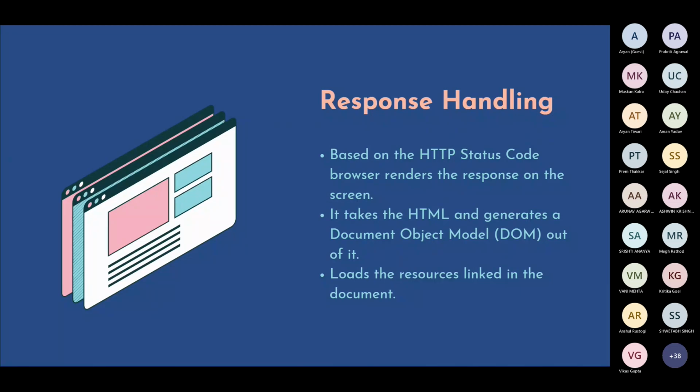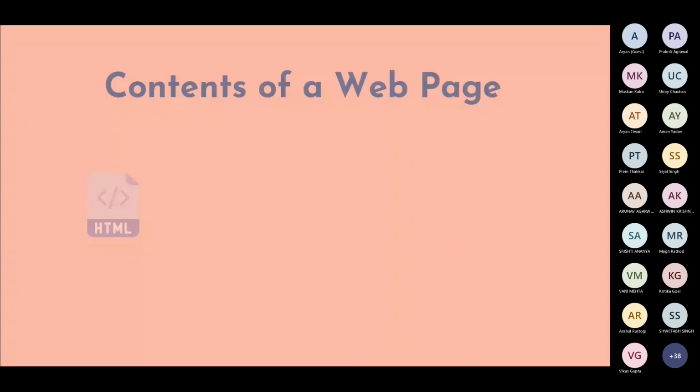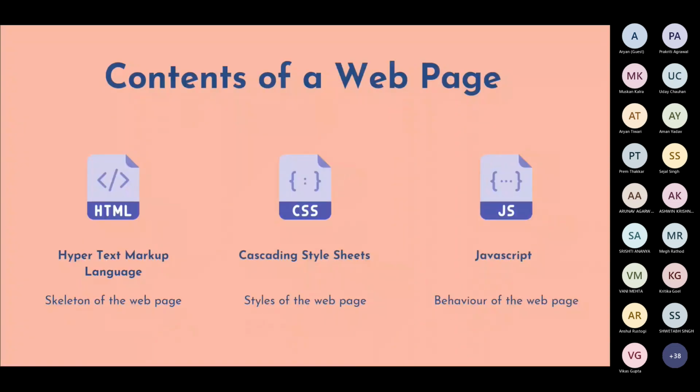So the typical contents of a web page are HTML, CSS, and JavaScript. What's HTML? It's the skeleton of the web page, and we use it to specify the contents and to define the structure of our web page. Next, there is CSS.